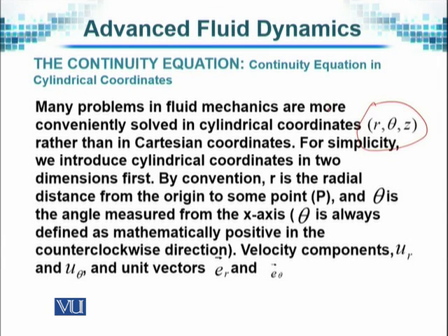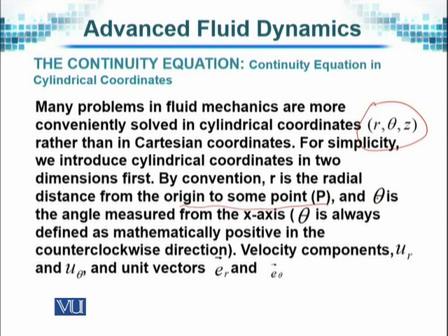r is the variable in the radial direction, theta in the angular direction, and z in the z direction. By convention, r is the radial distance from the origin to some point P, and theta is the angle. Remember that if nothing is mentioned about theta, the positive direction of theta is considered to be the angular movement in the anti-clockwise direction.